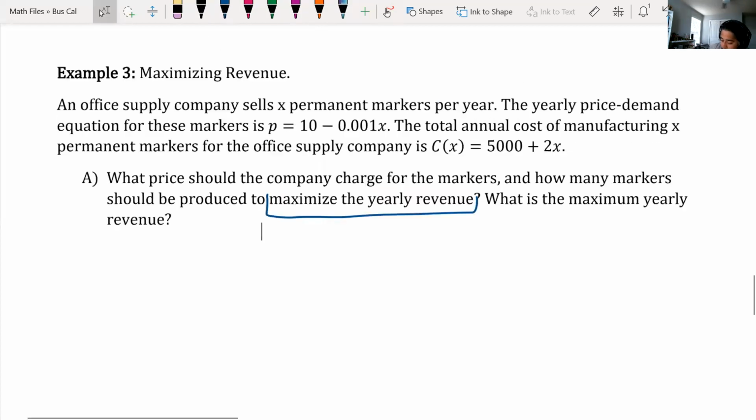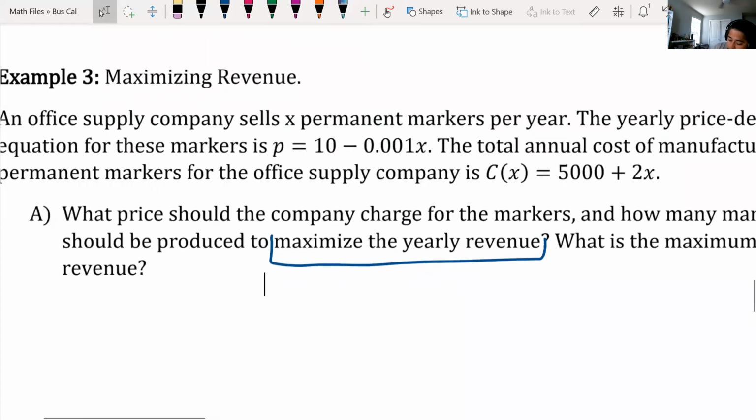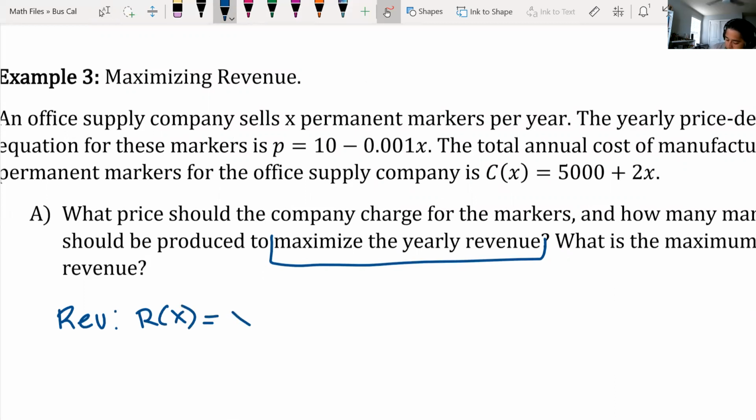So remember, revenue is always given by the equation R of x equals x times p. Well, lucky for us, they give us an equation for p. Hey, look, that's a substitution, just like we did in the last two.